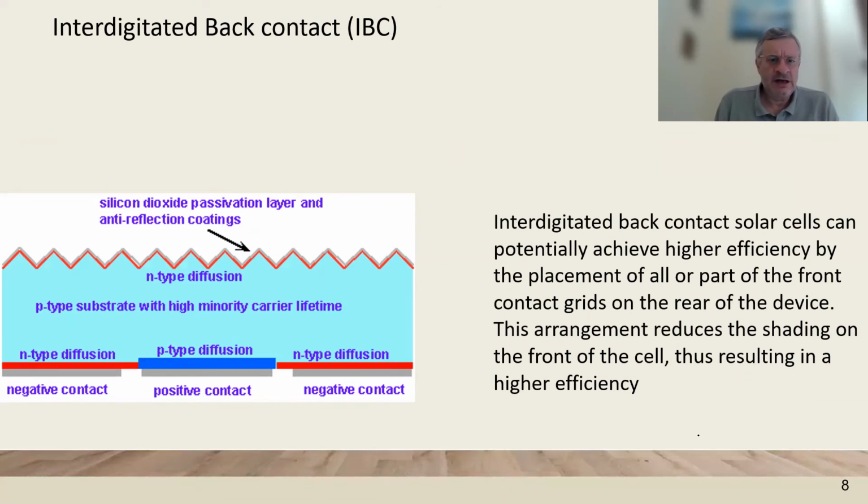Here is a different configuration, which is the interdigitated back contact silicon solar cell, where the two selective contacts for electrons and holes are in the backside. In this way, the surface loses no opacity due to the contact extractor. And it is also interesting to remark that the p-n junction cannot be in the middle of the solar cell, because in this case, the p and n structures are both in the backside.